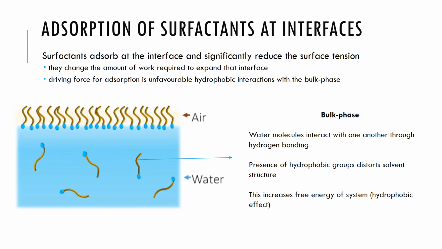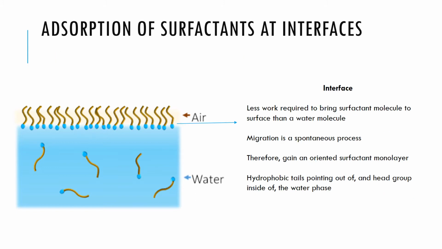And those long hydrocarbon tails then extend away from the water interface, because again, they don't want to be in the water. And again, we looked at this from a thermodynamic perspective last time. That migration of surfactant molecules from the bulk phase to the interface is a thermodynamically favorable and spontaneous process.